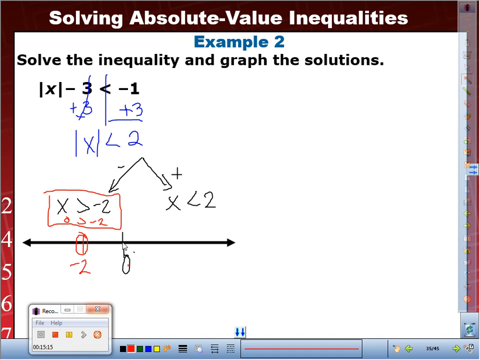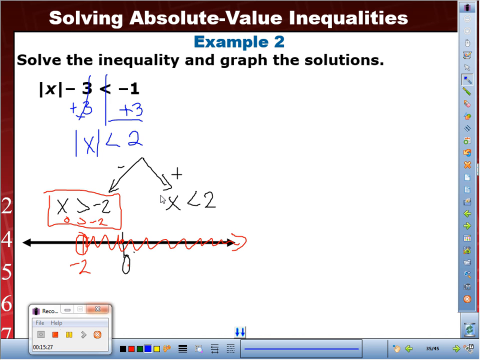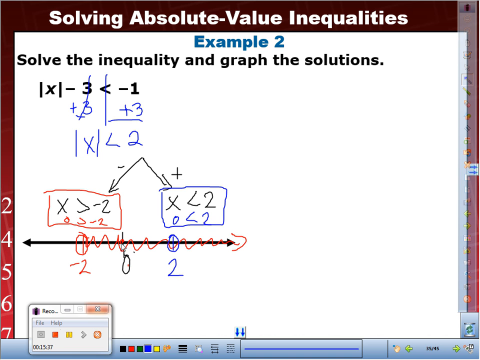If 0 works, that means I'm going to shade to the right. Next, I'm going to graph the other one in blue. Start at 2, open point, and I'm going to test 0. Is 0 less than 2? Yes, if it worked, that means for the blue one it's going to go that way.